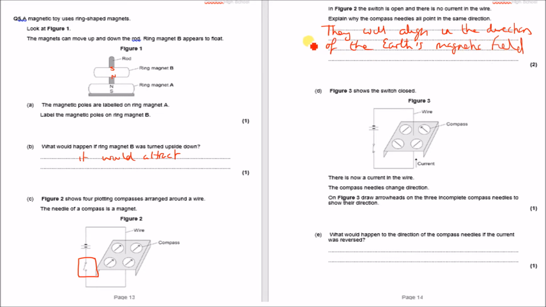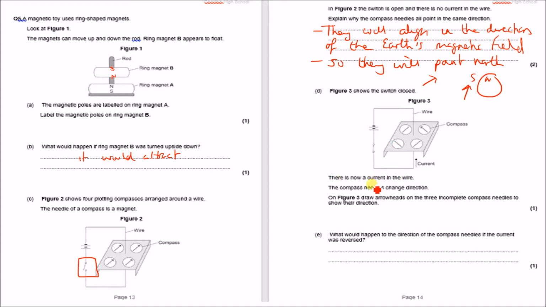Okay, so that means they will point north. Now the actual north pole of the Earth is the geographical south, and therefore they will point to the magnetic south. So this is the magnetic south, and therefore compass needles point south.